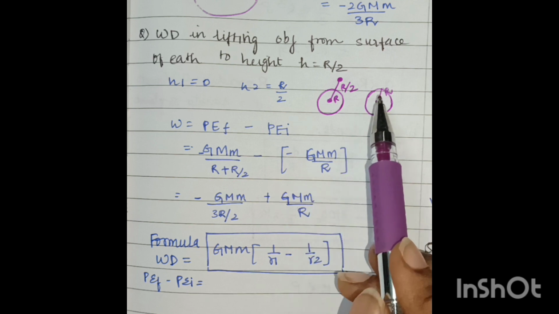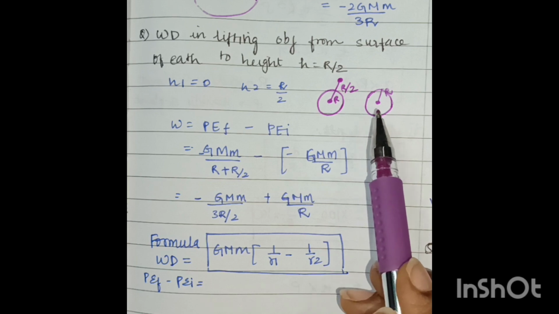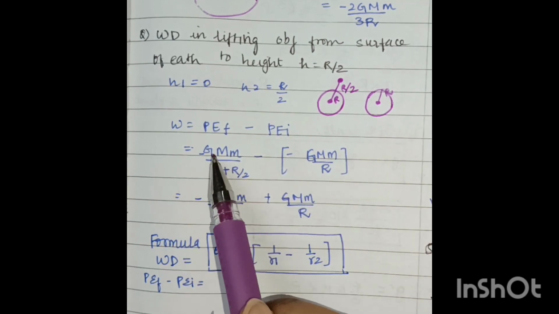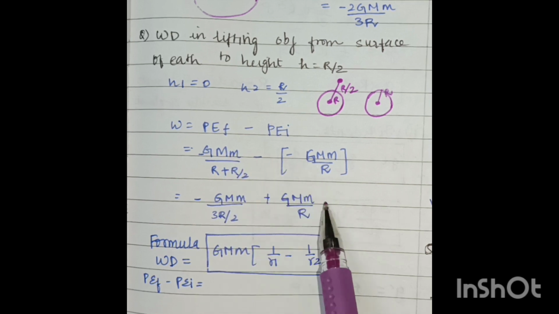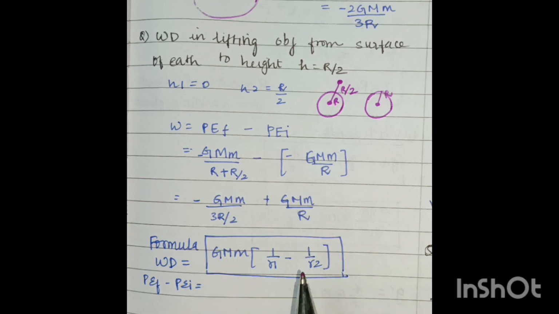Why are we taking only r? Because initially it was at the surface, so the distance between it and the center is r, the radius of the earth. Now this minus and that minus become plus, so it is plus GMm by r. If we add these two, we will get the answer.